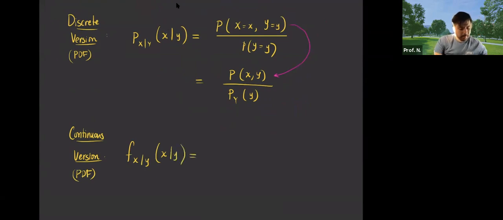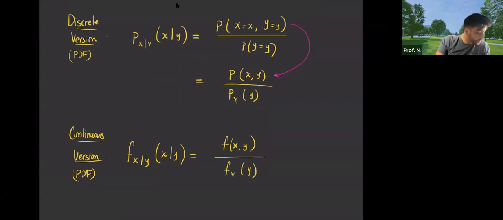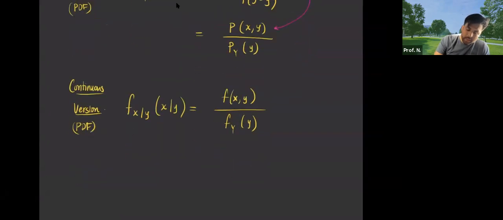It's the same idea: f of x, y, the joint PDF, divided by the marginal PDF of y. The difference is that with continuous, it's sometimes awkward to deal with the PDF alone, so we talk about the CDF.